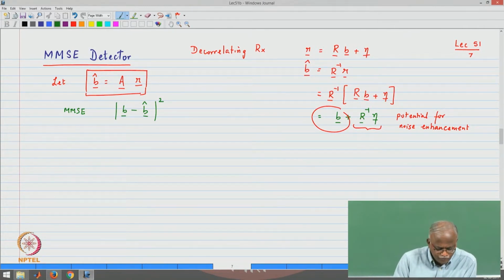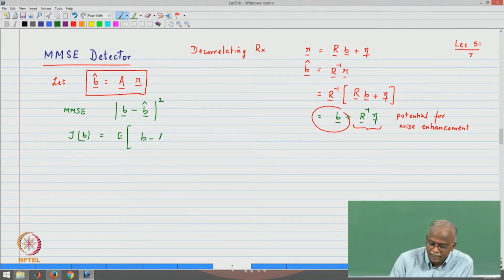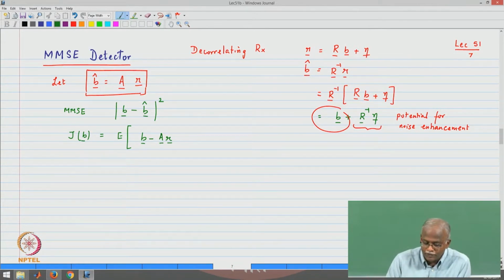So, the metric that we are looking at is the expected value of B minus B hat Hermitian times B minus B hat, and B minus B hat is nothing but B minus A times R, where B hat is represented as A times R, our expression for the output of the MMSE detector. So, B minus AR Hermitian times B minus AR.